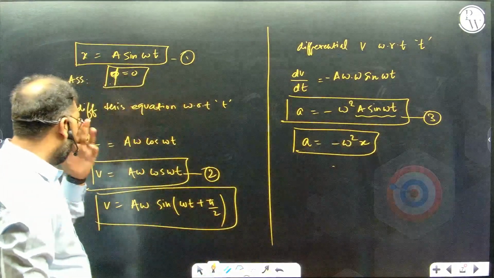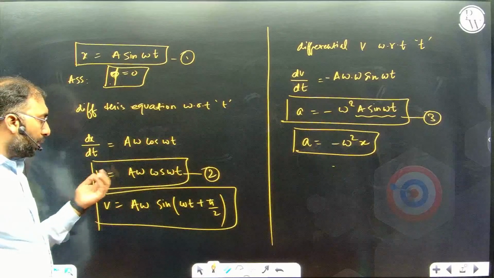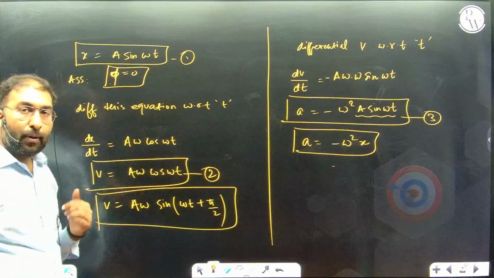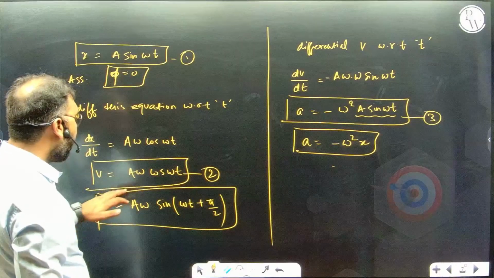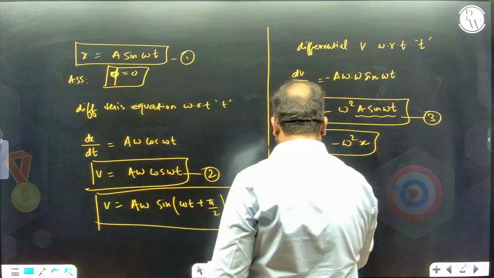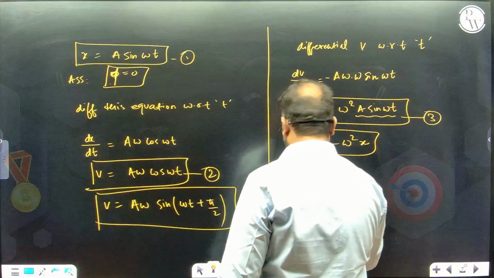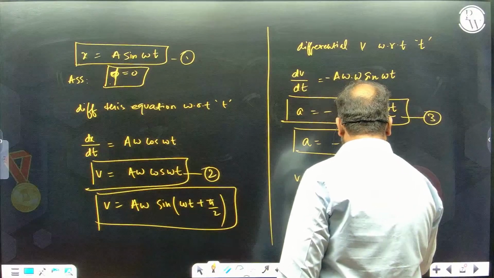Similarly, you have written velocity as a function of time here. If required, you can also write velocity as a function of position. How to do that, I will show you. Velocity is a omega cos omega t, which can be written as a omega under root of 1 minus sin square omega t.